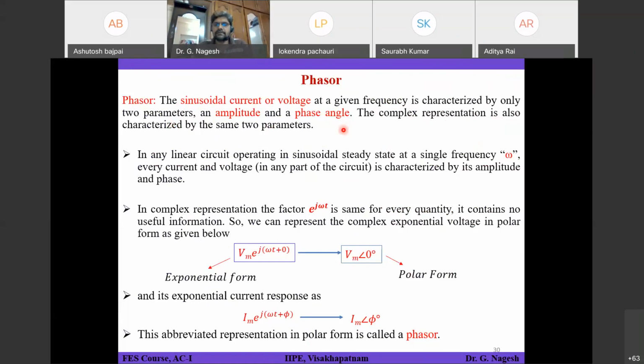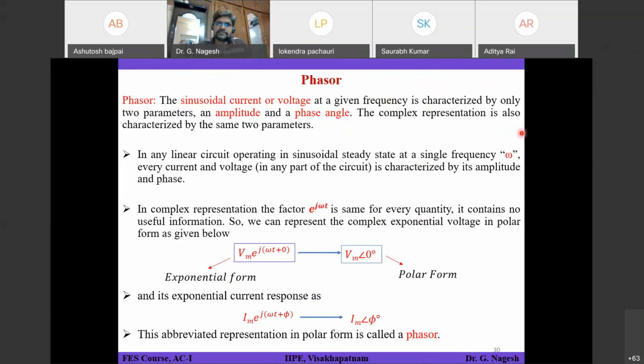Frequency information is given by omega. So in Vm sine of omega t, three important terms are there: Vm, theta and omega, which implies frequency. If you see the complex representation, we have seen a complex number which is something like 5 e power j (omega t plus theta).